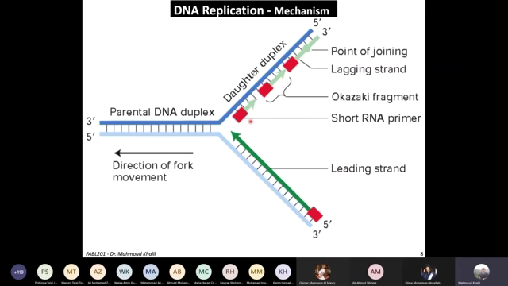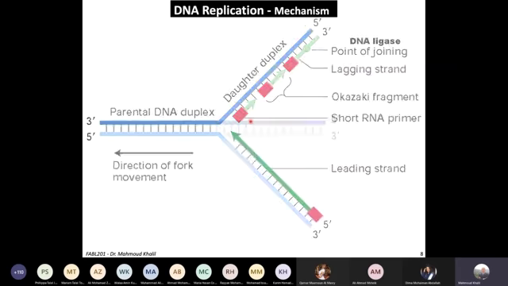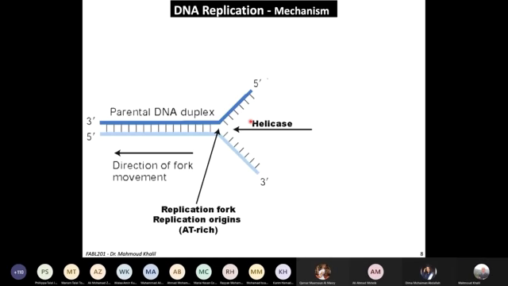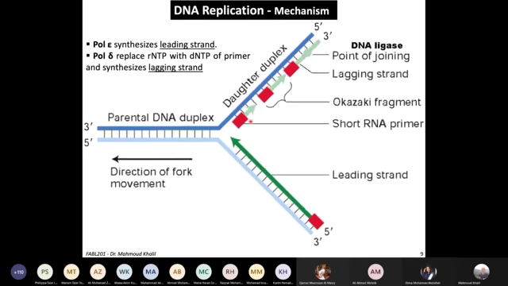So how does the replication machinery try to solve this issue? In this case, when the fork is open, the primase starts to put its primer here, and the DNA polymerase will start doing its job and doing the polymerization.